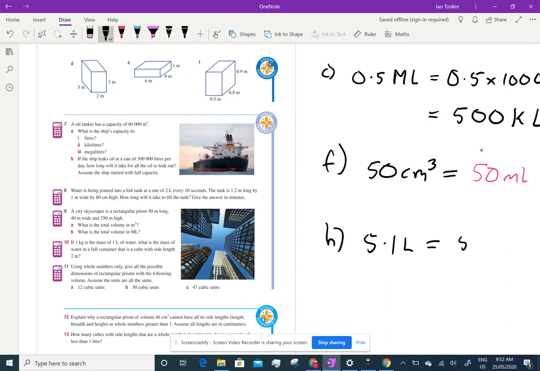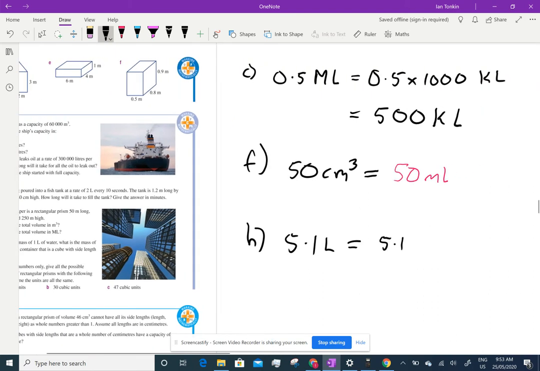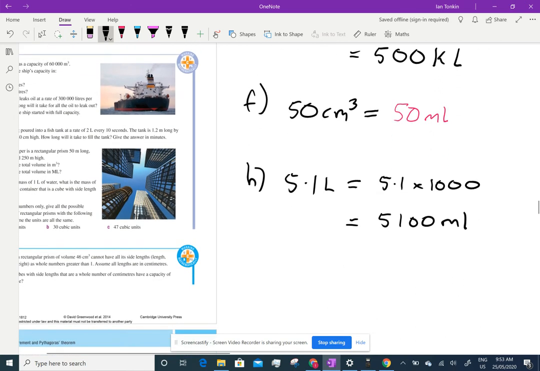So I'm going to times by 1,000, 5.1 times by 1,000, and that'll give me 5,100 mils. But I also know that 1 mil equals 1 centimetre cubed. So that's 5,100 centimetre cubes.